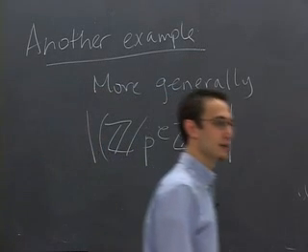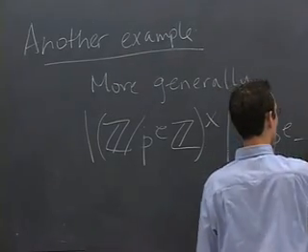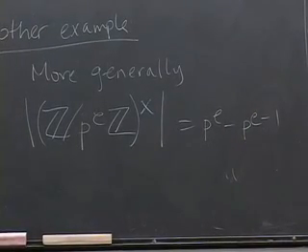Any takers? Yes? It's p raised to e minus p raised to e minus 1. Why? So the answer he gave is p to the e minus p to the e minus 1.